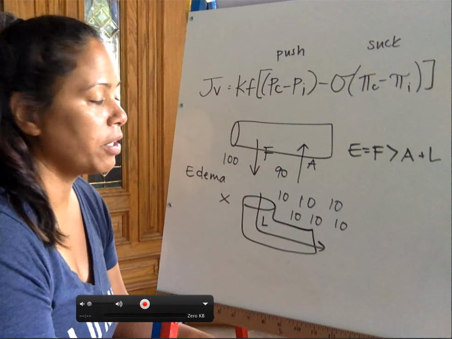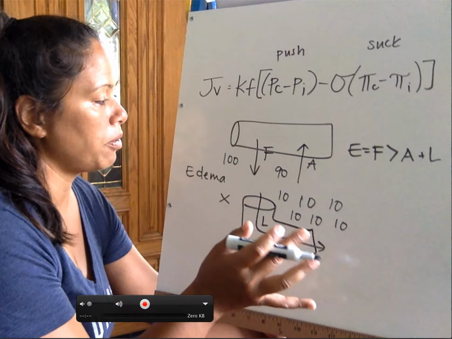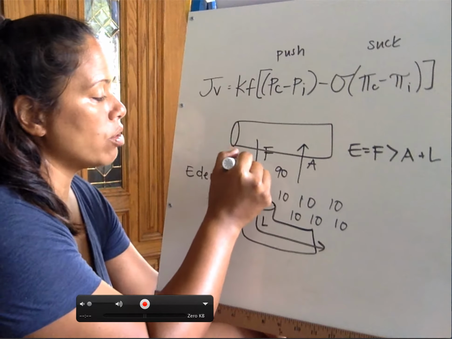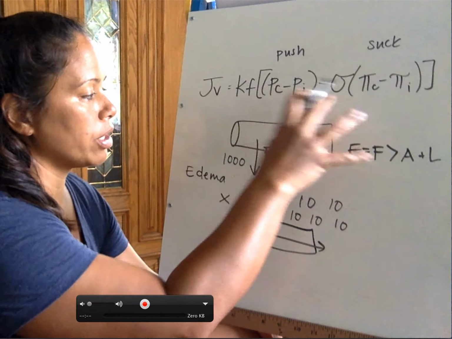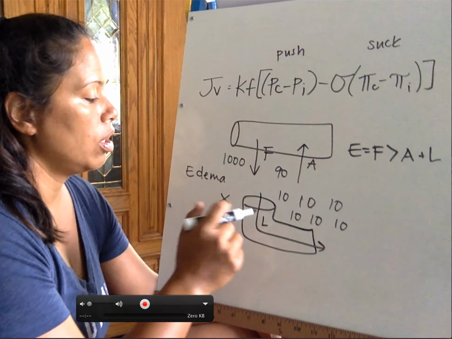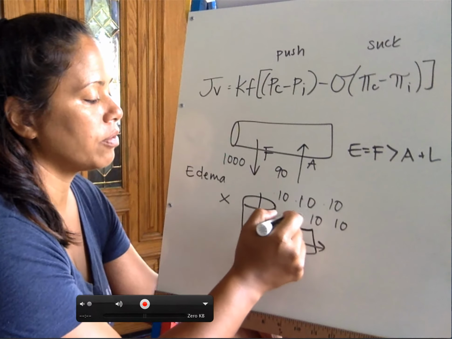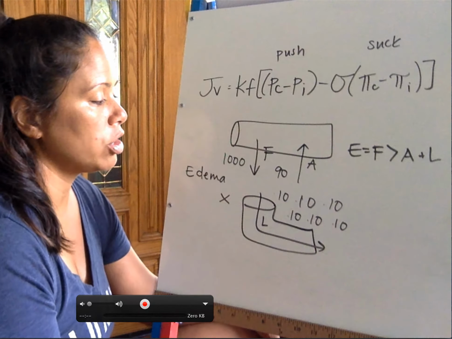And edema could be from this. Maybe somebody has congestive heart failure, and we've talked about this before, and there's 1,000 units being pushed out from the capillaries and the blood vessels into the tissue, but you're still going to have the same kind of fluid buildup or edema formation.